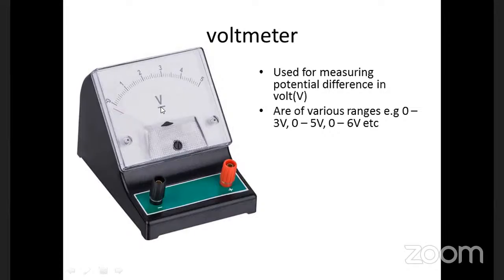This time we have a single scaled diagram for the voltmeter. For the ammeter, it was a double scaled ammeter, with scales both up and down, where we could make measurements in 2 ways. From here, we can only make measurement in 1 way. So this is the voltmeter that has a range of 0 to 5.